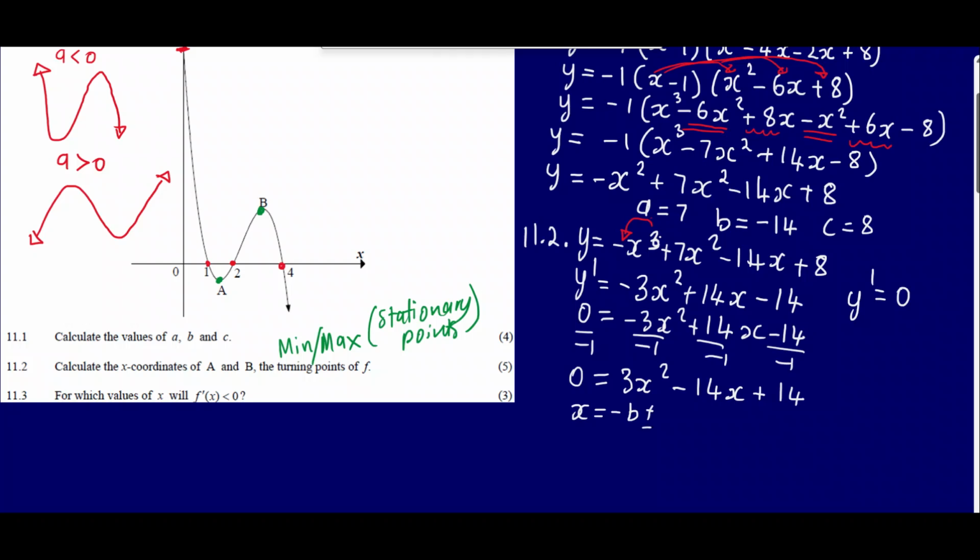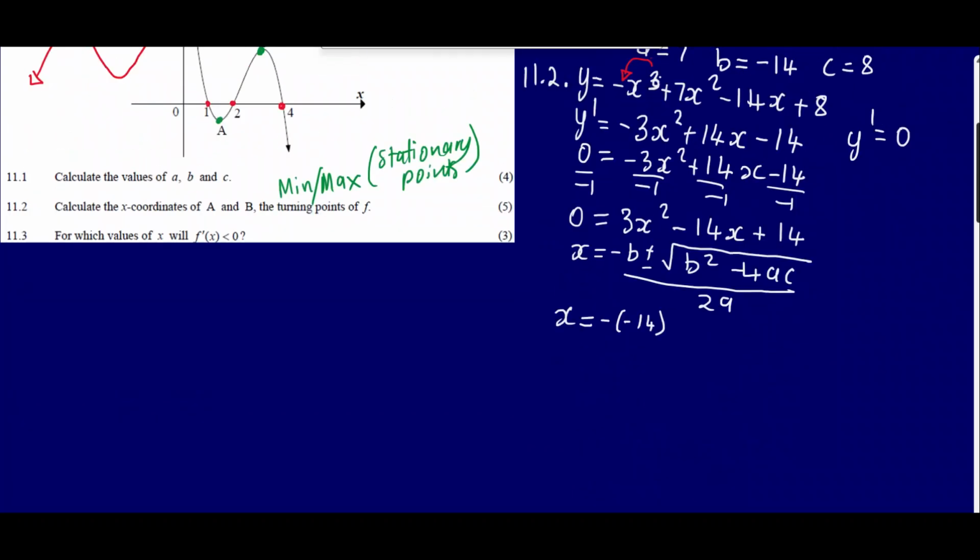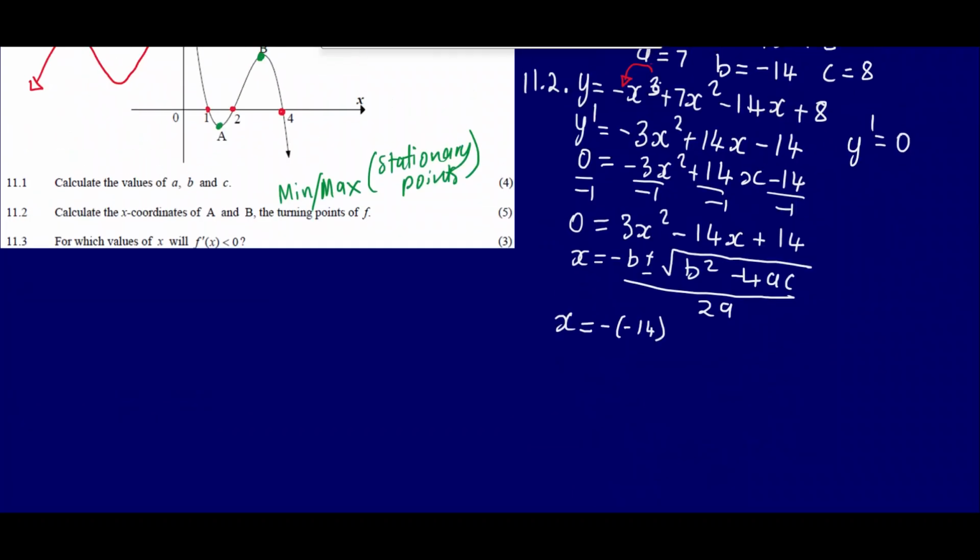So let's use the quadratic formula here. x is equal to minus b, plus or minus the square root of b squared minus 4ac, all over 2a. So the x here is going to be minus negative 14, plus or minus the square root of negative 14 squared minus 4 times 3 times 14, all over 2a.